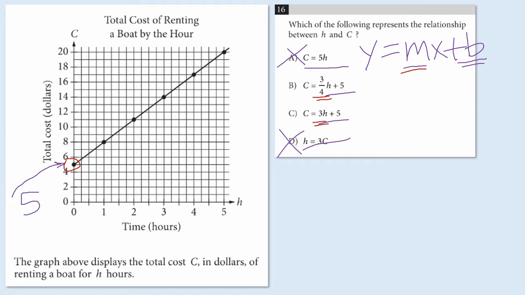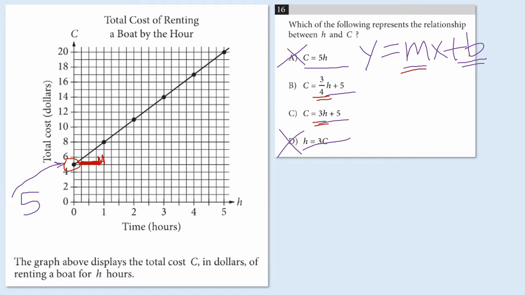So that's a rise of 1 over a run of 1. So there is my run of 1. And what would the rise of 1 be? Well, that's going to go from 5 to 6. So that's going to go from there to there.